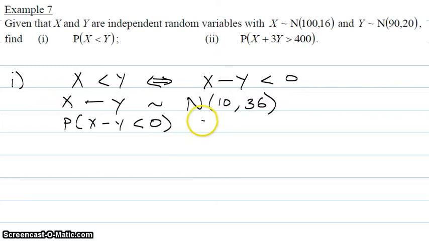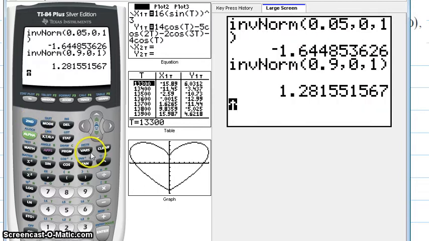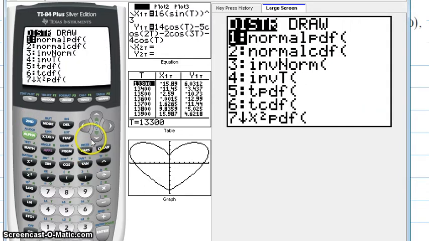So that lets us ask the question, what is the probability that x minus y is less than 0? And we can just key this into our graphing calculator now. We go to distribution. We want the normal CDF.